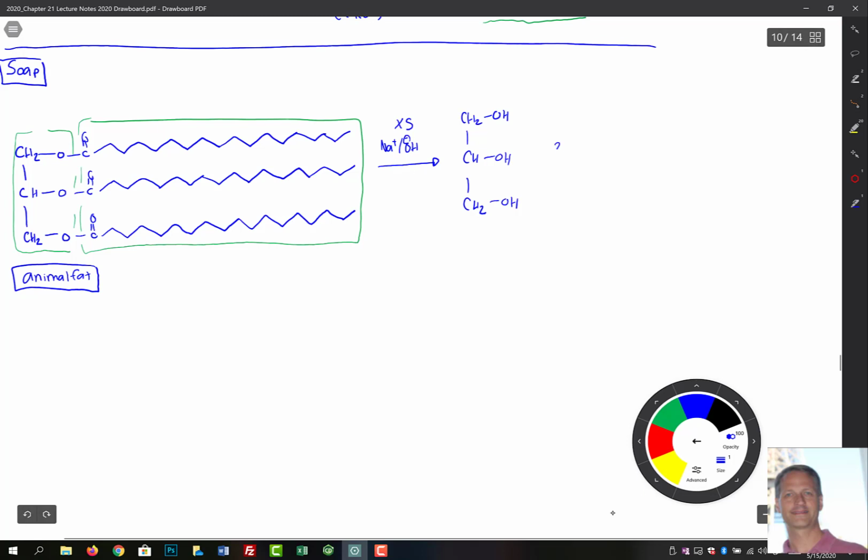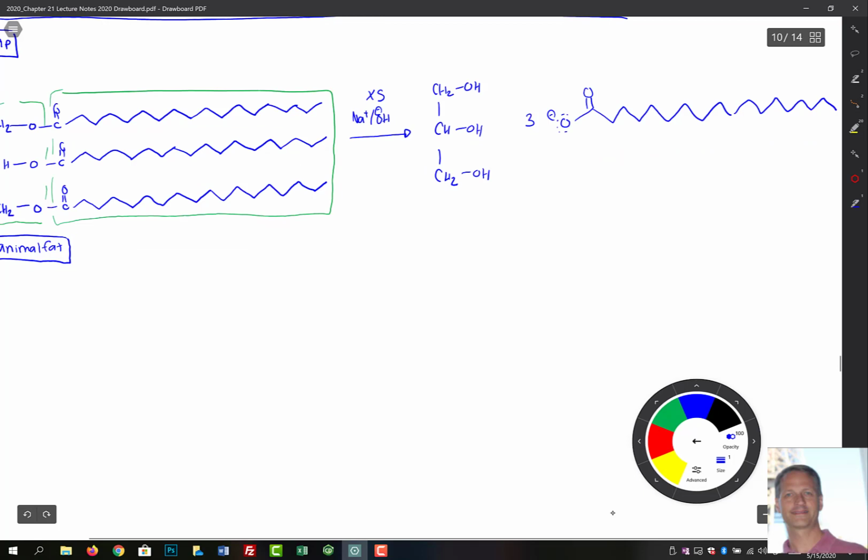But we're also going to get three of these side chains: oxygen minus charge, carbonyl, with our carbon chain looking like that. And then, of course, you've got sodium ions floating around in solution. So these are our two products that we get here.